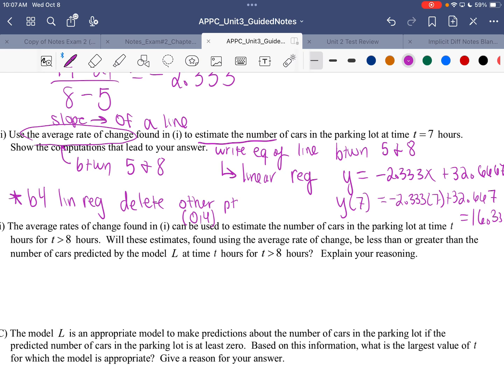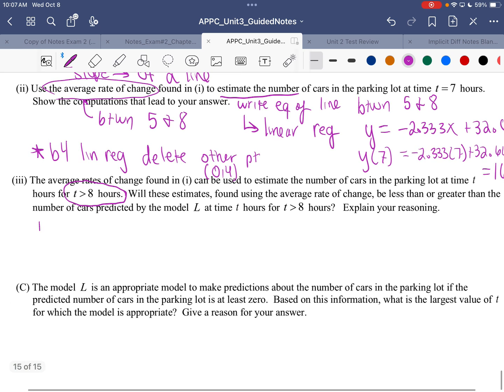All right, the average rate of change found in I can be used to estimate the number of cars in the parking lot for more than 8 hours. This is the other situation I was telling you about. Will these estimates be less than or greater than? Think about what was happening. What way was our quadratic facing before?